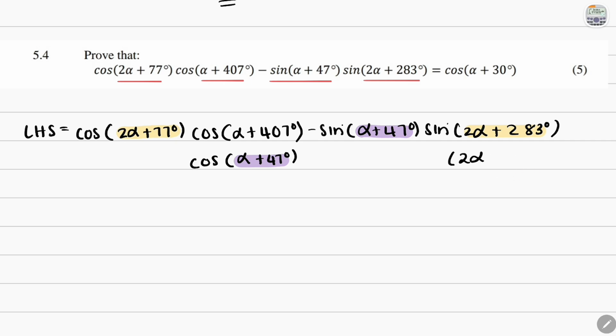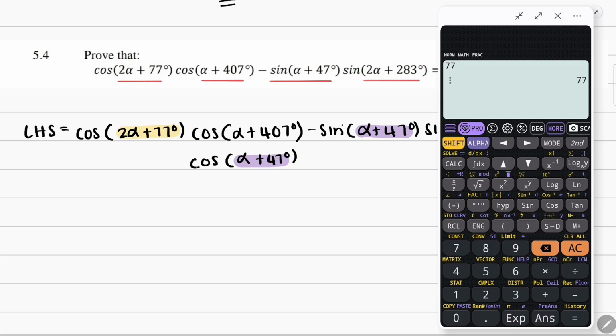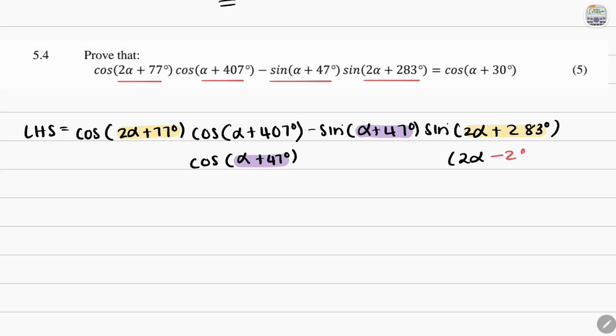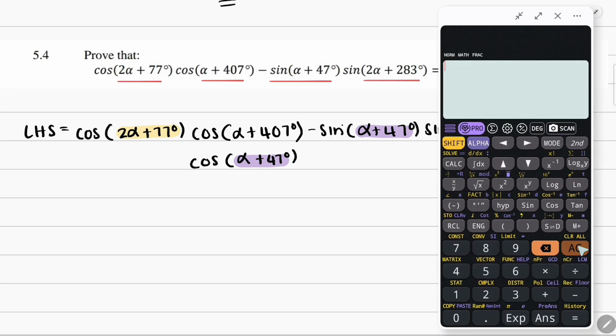It could have been 2 alpha, and then if it was 360 degrees subtracted from it, it would have looked like this. Okay, now this wouldn't be a problem. Negative 283 degrees would not be a problem, because to get it to look like this, you would simply just add 360 degrees. And if it was 2 alpha and then you added 360 degrees to that 77, it wouldn't have been a problem.